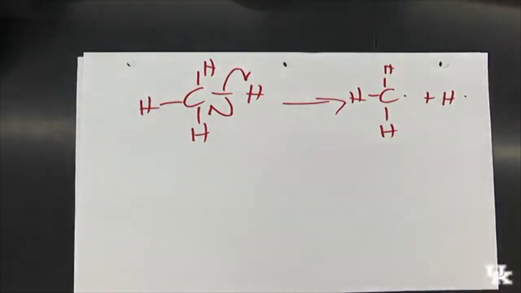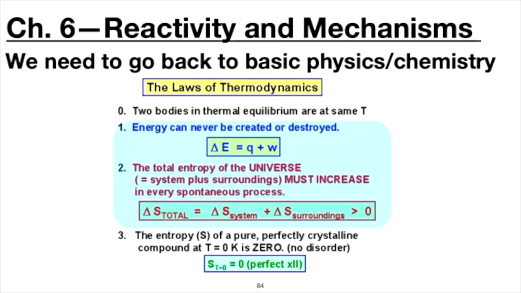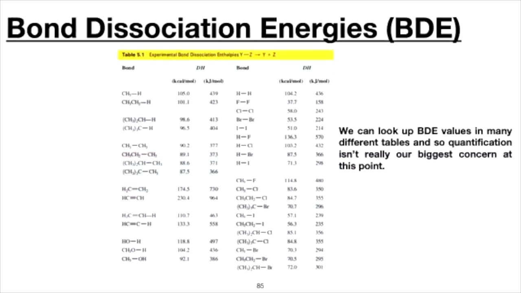There are different energies associated with each, but what we're going to talk about is the homolytic case because it's easier and it's much better studied. The energy required to break a bond homolytically has a very special name, and one reason why we're going to use it is that there are tables and tables and tables called bond dissociation energies.